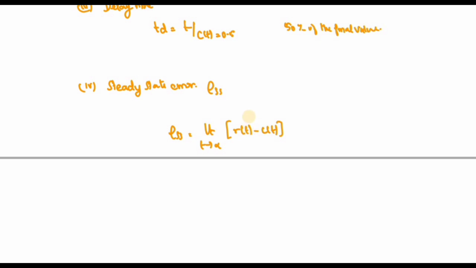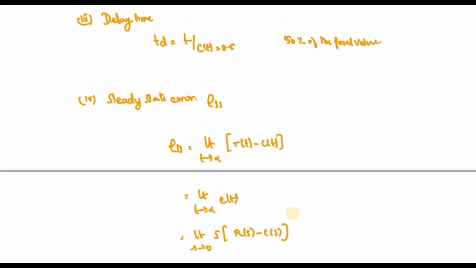So if I want to find the steady state error, I can write limit t tends to infinity of e of t, right? So e of t is nothing but r of t minus c of t. In other words, I can write limit s tends to 0 of s into R of s minus C of s. This way also you can write it out.